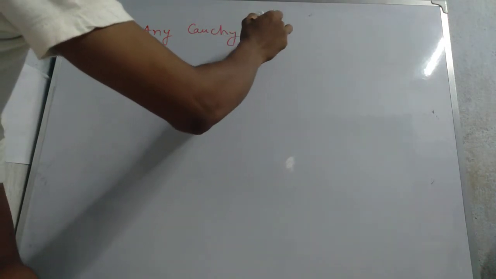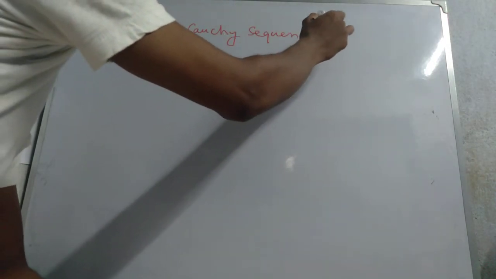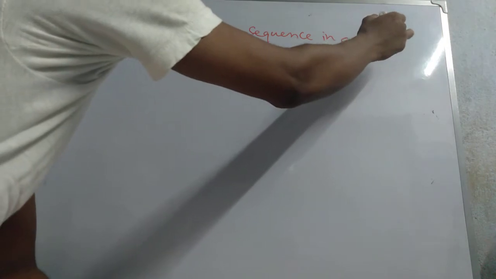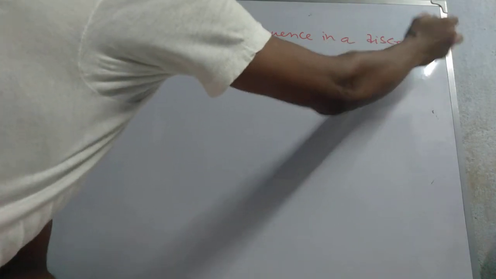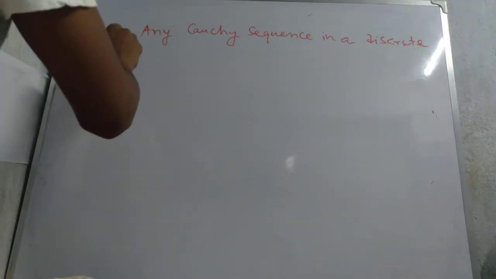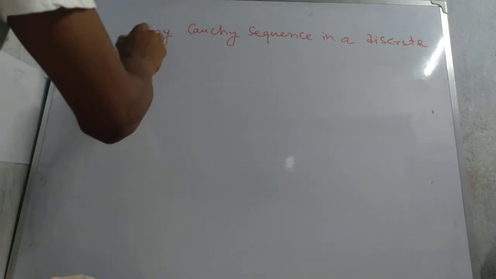Now we go to this portion: any Cauchy sequence in a discrete metric space.